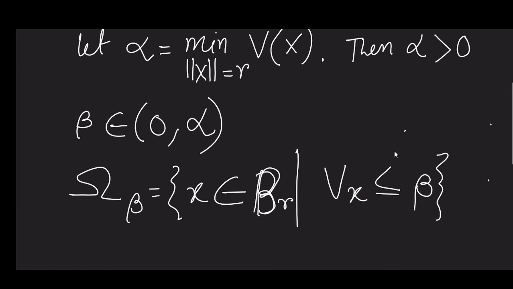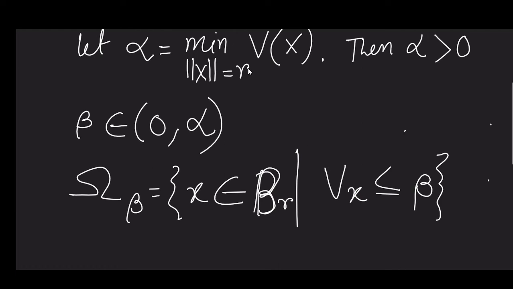the value of Vx which you had when you were traversing on the outer shell, on the surface of the outer shell. This alpha you got when you were roaming on the outer shell of the ball, and now this beta is defined as varying between a very small number close to 0 but not exactly equal to 0, up to alpha, where alpha is the minimum value of the energy function on the surface of the ball.